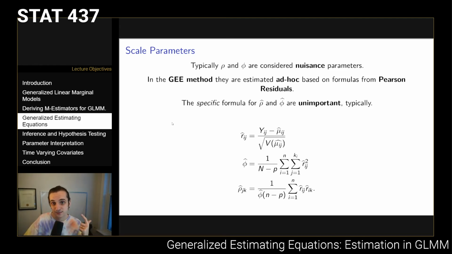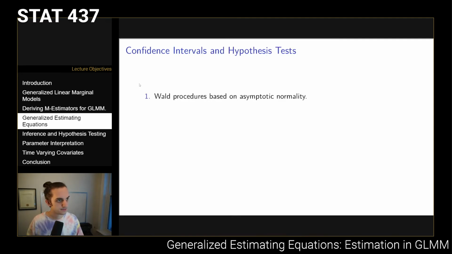And then we plug those back in and solve our estimating equation for beta hat again. Then we use that new version of beta hat to update the parameters phi and rho, and we repeat this process over and over again until our estimates converge. Okay, and so generally speaking, these are nuisance parameters, but if you do require estimates of them, we can do that using a residual analysis.